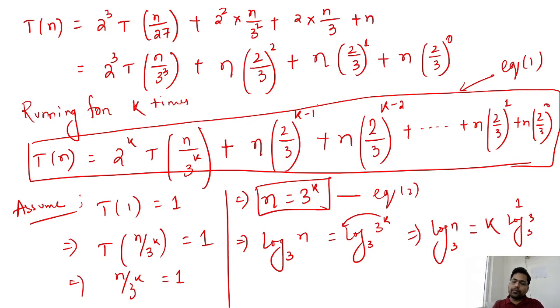Clear? Next, the k value will be log n base 3. Log n base 3 depends on which power k is exactly. On that basis we found log base 3 could be a better option for us for cancelling out with a 1. Okay, that is why we said this is equation 3.